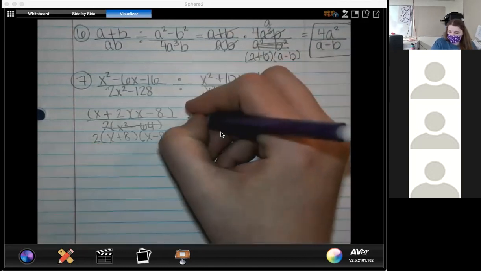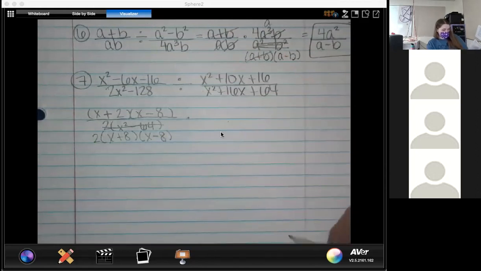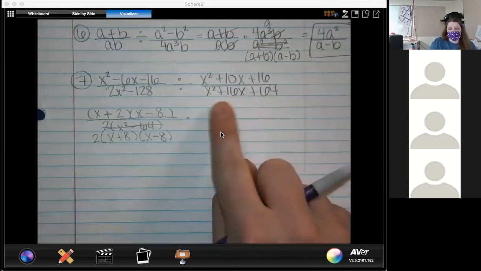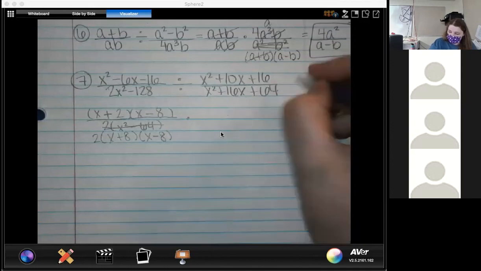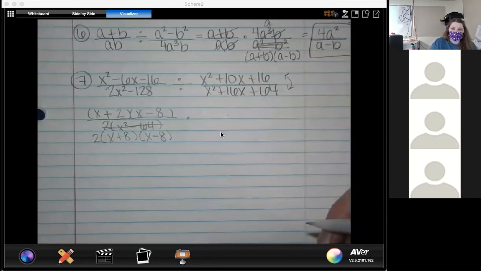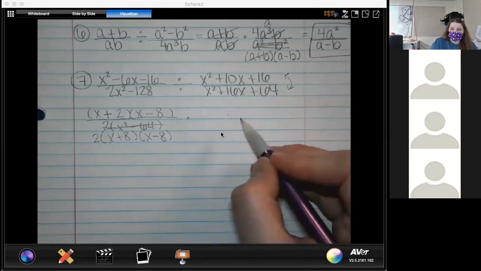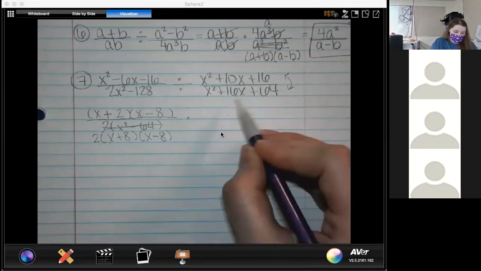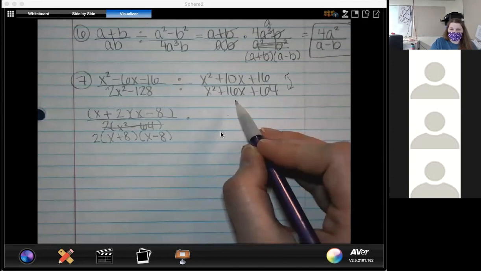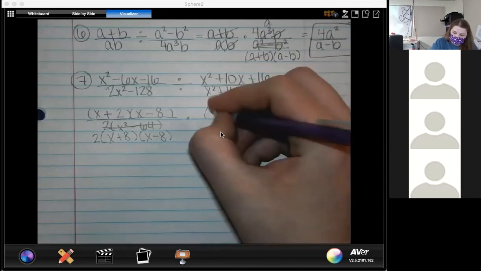Then we're going to multiply. I'm going to multiply and reciprocate at the same time. Looking at x squared plus 16x plus 64, we need factors of 64 that add to 16. The most common factor pair of 64 is 8 times 8, which added together gets me 16.